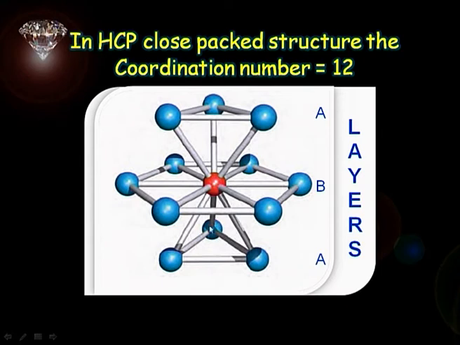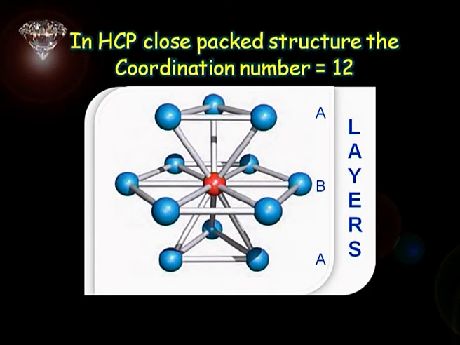There will be 3 neighbors in the layer preceding that, and 3 atoms in the layer succeeding that. So, there will be 3 atoms from the top, 3 from the bottom and 6 in the same layer. There will be a total of 12 atoms touching this atom or in close vicinity of it. That means this atom will have a coordination number of 12. So, that is HCP.